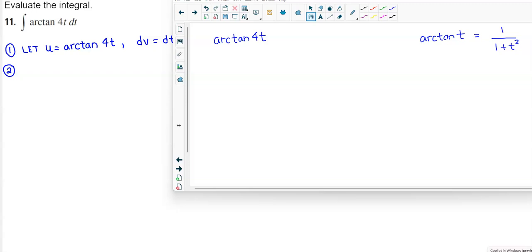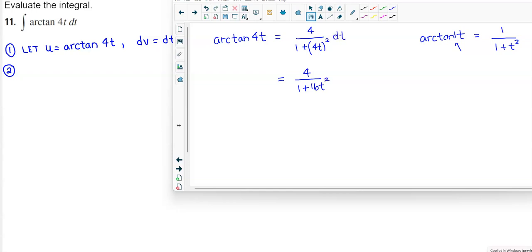And so for our problem, this is the value of 1, and then we're squaring that. So the derivative of the arctangent of 4t is going to be 4 over 1 plus 4t squared, which is going to equal 4 over 1 plus 16t squared.